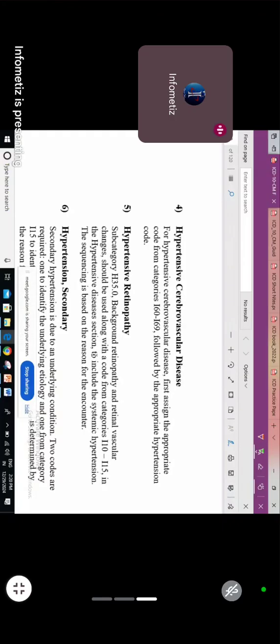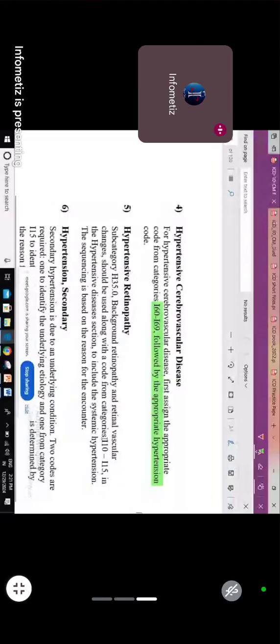So in that condition, you have the I60 to I69 series code, and after that you have to go to the hypertension code also. So you will code two codes here: first the cerebrovascular disease, followed by the appropriate hypertension. This you need to remember. Two codes we have to code.